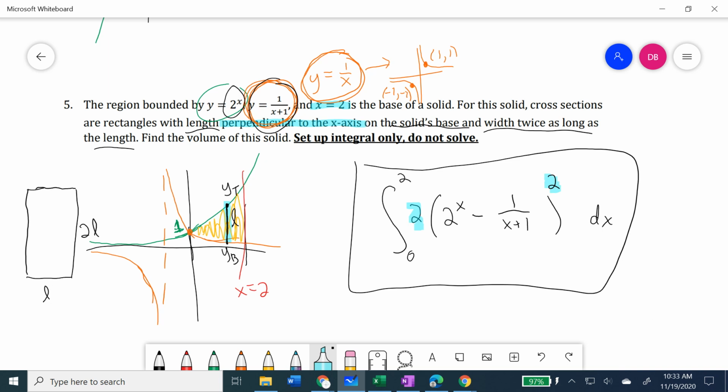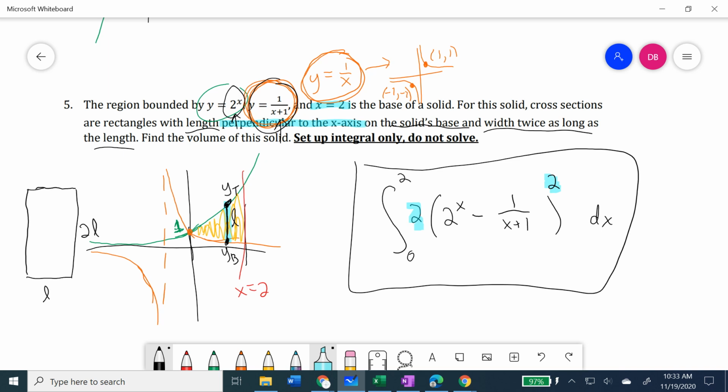Then when I go for the length, I realize that I have a top y and a bottom y. For the top y, it follows 2 to the x. The bottom y follows the 1 over x plus 1. And remember, with cross-sectional volume, which is what you're quizzing on right now, it's not rotational volume.